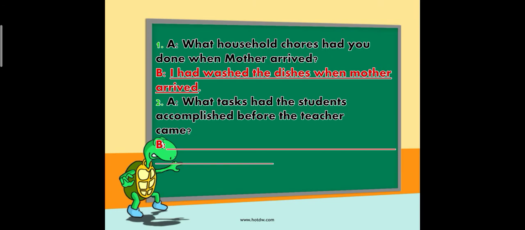I used had washed, which is in past perfect tense. So, you must always use the past perfect tense in answering all the questions or completing the dialogue. Number 2. What tasks had the students accomplished before the teacher came?